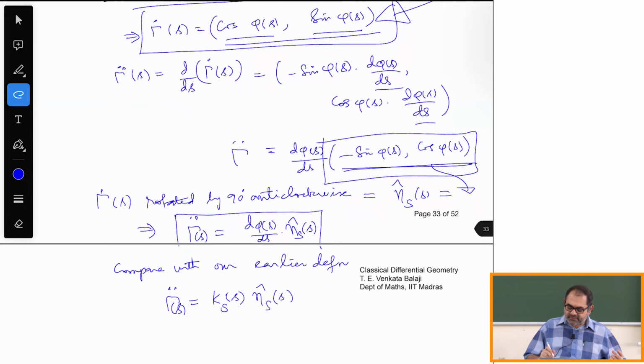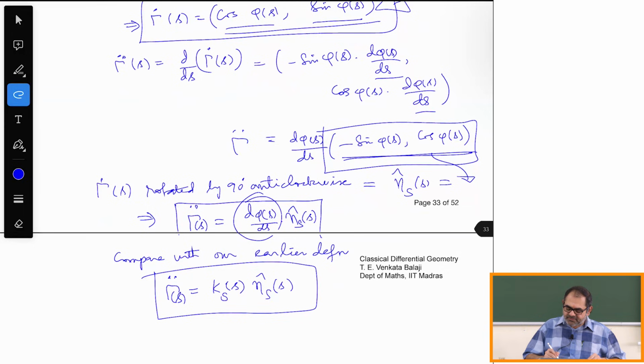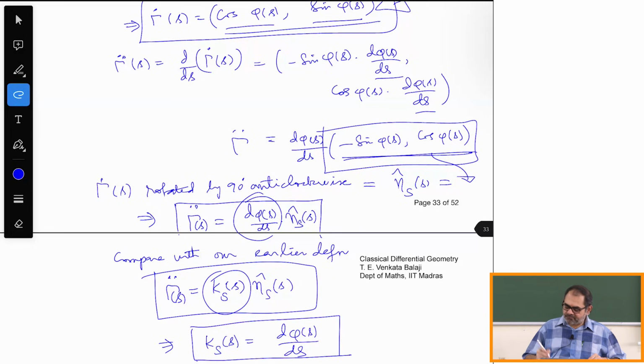Okay, so the subscript capital S is for sine, the small s is for arc length. Please don't get confused. So you compare it with this, and then you see immediately that this is the same as this. So this implies that the sine curvature is actually d phi s by ds. So that is the whole point.